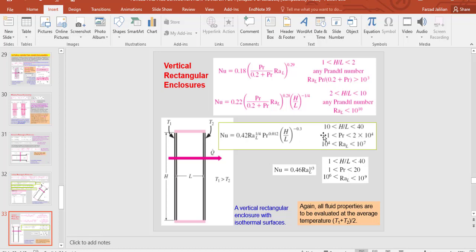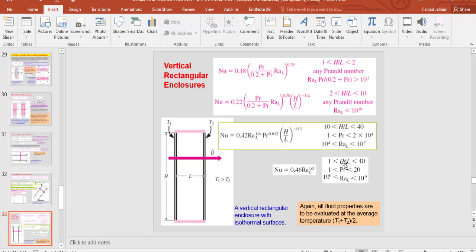And you can use this equation when the aspect ratio is between 10 and 40, but again you should check the Prandtl and Rayleigh number for this enclosure. And this equation is the same, you should check this characteristic.